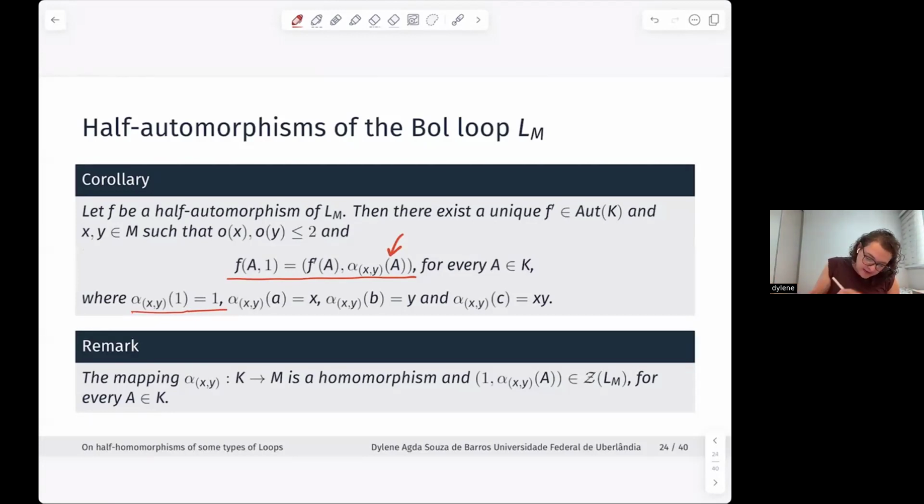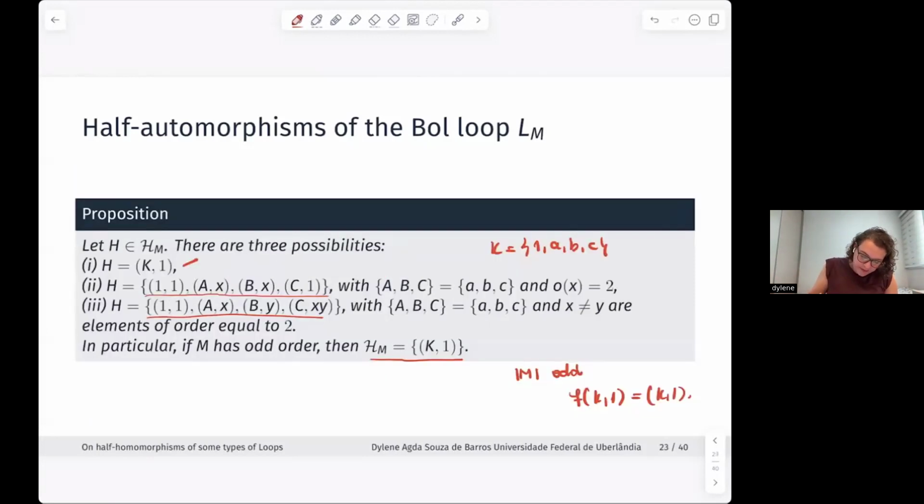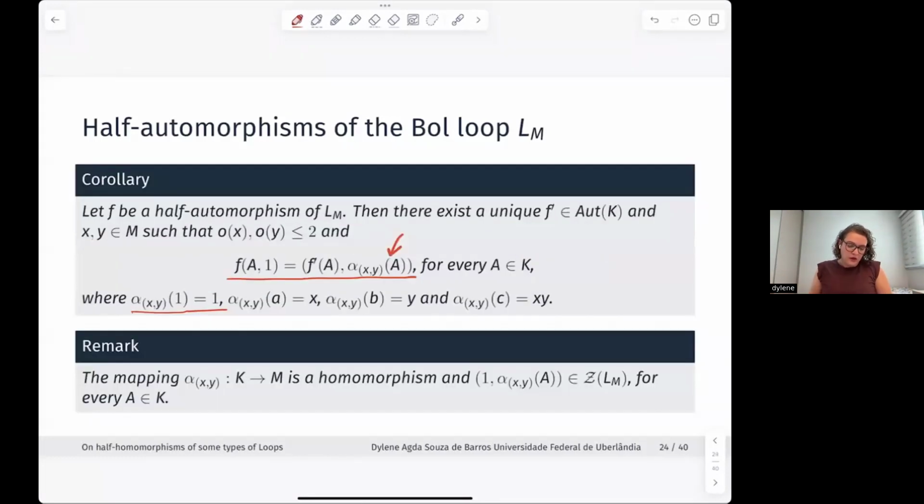We choose this from the elements that appear over here. So the mapping alpha XY is a homomorphism from K to M, and alpha XY of A is an essential element of the loop for every A in K.